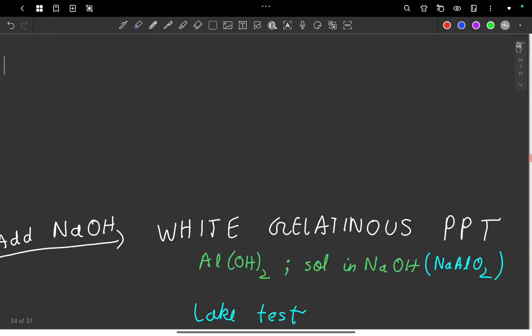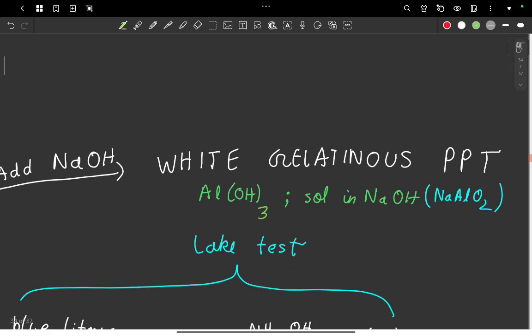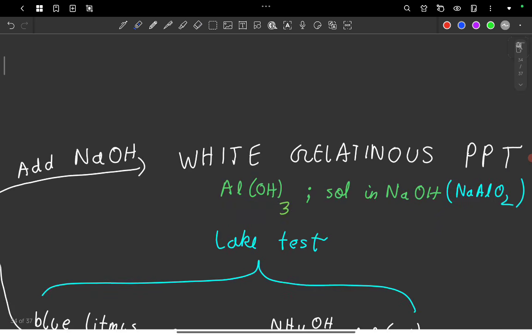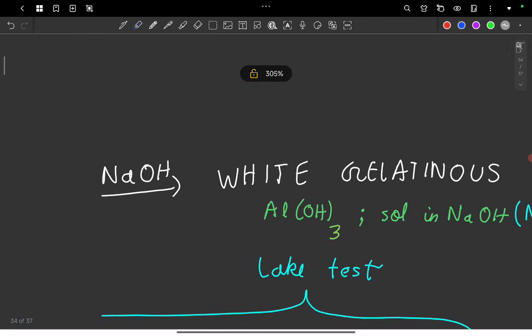Jelly you have seen. That is gelatinous substance. So white gelatinous PPT is formed, which is basically Al(OH)3. And this is soluble in NaOH and it forms NaAlO2. I don't think this is important, but I added because it was in the NCERT.